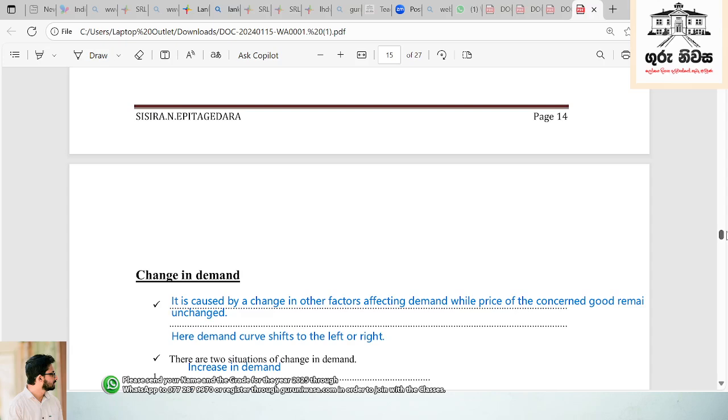The demand curve shifts in the second category, change in demand. It is caused by change in other factors affecting demand while the price of the product remains constant. Here the demand curve shifts to the left side or right side, and I have discussed the factors affecting the demand curve to shift right side and left side.